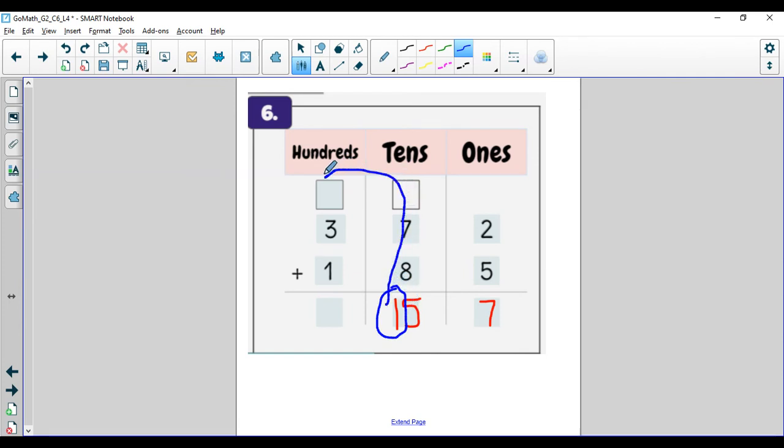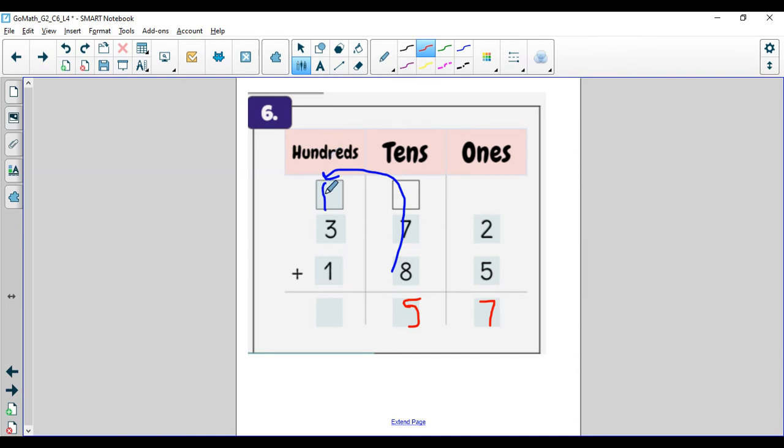And bring it on over and put it above our hundreds. So I no longer have this in my tens. I only have it in my hundreds, and my 5 stays in my tens.